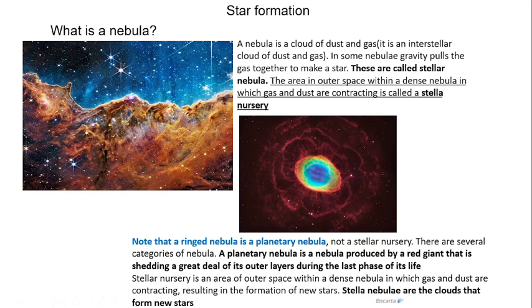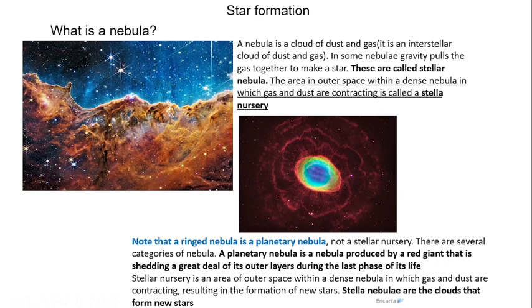Star formation. Before we talk about star formation, we need to understand what a nebula is. A nebula is just a cloud of dust and gas. We can sometimes call it an interstellar cloud of dust and gas. In some nebulae, gravity pulls the gas together to make a star.